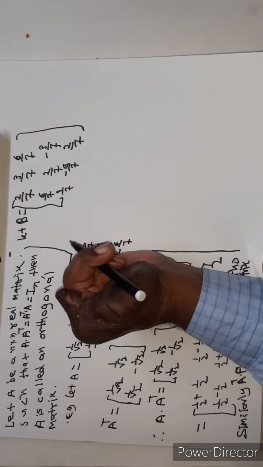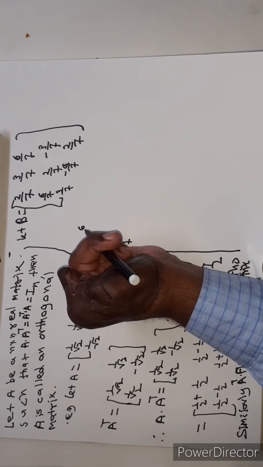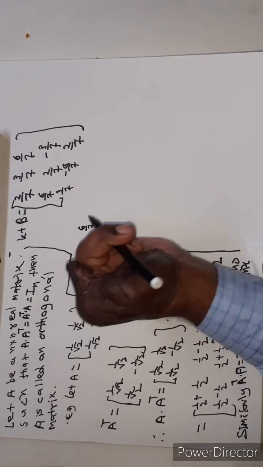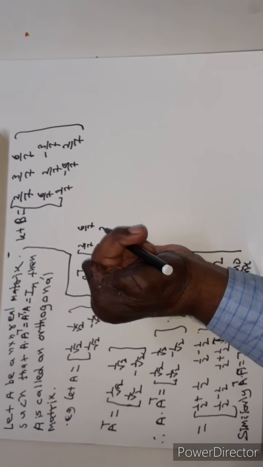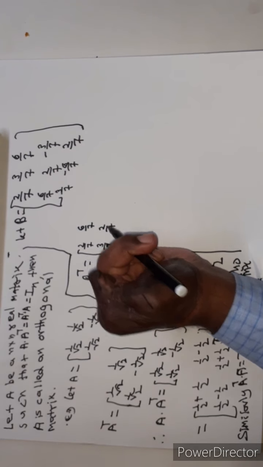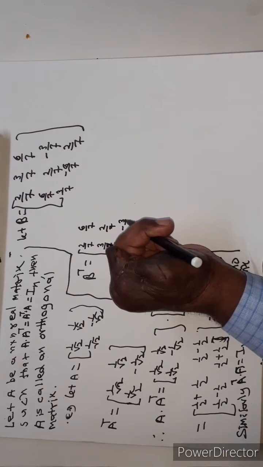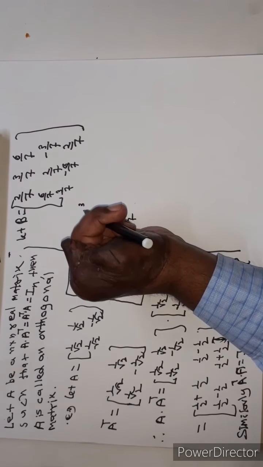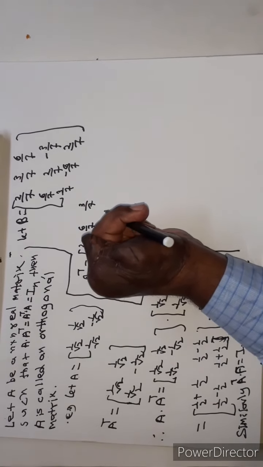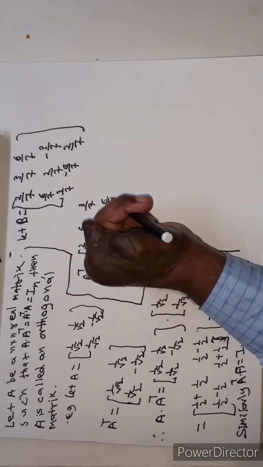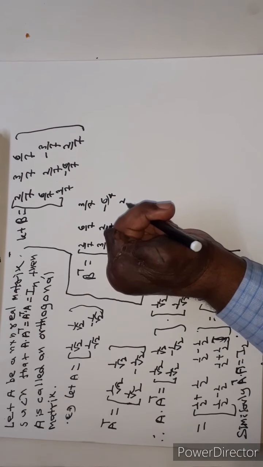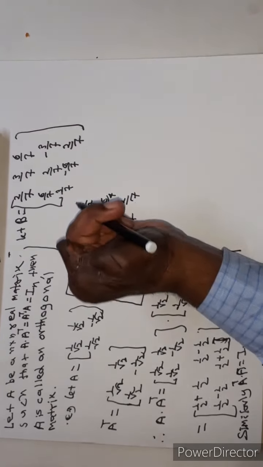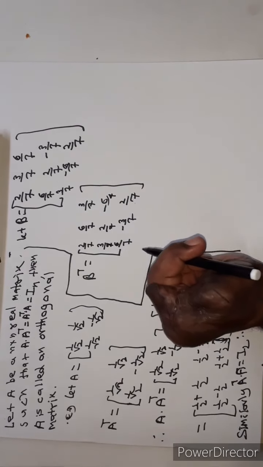In the second column, 6 by 7, 2 by 7, minus 3 by 7. In the third column, we write 3 by 7, minus 6 by 7, 2 by 7. This is B transpose.